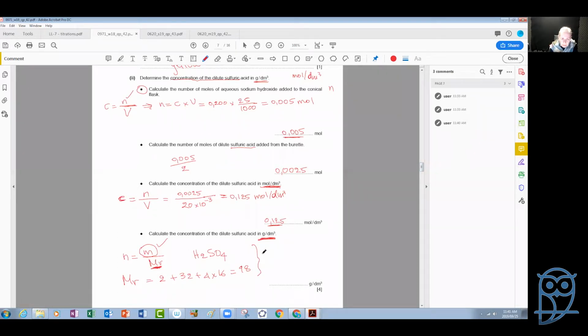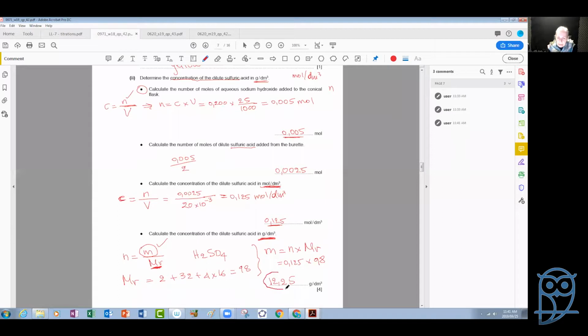So from there now, if we solve this equation for mass, this will be amount times the relative formula mass of sulfuric acid. So this is 0,125 moles per cubic decimeter times the 98. And this should give us what? 12,25. So here is our answer in grams per cubic decimeter, 12,25 grams per cubic decimeter.